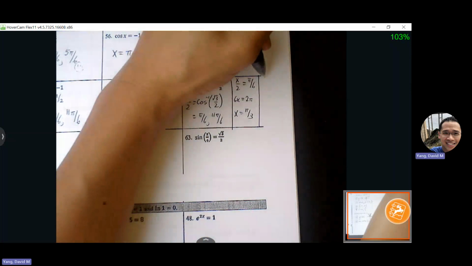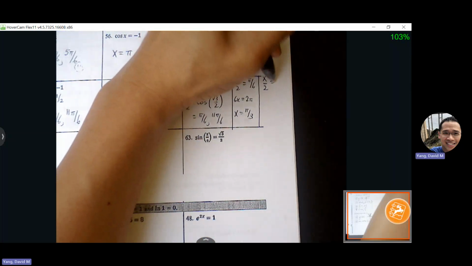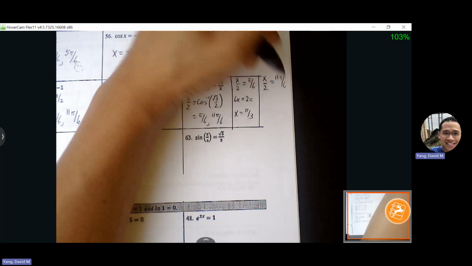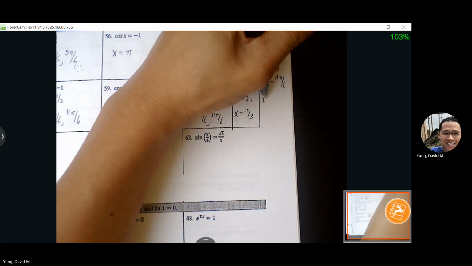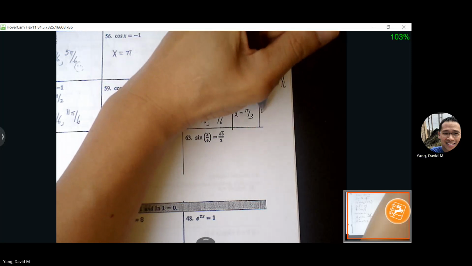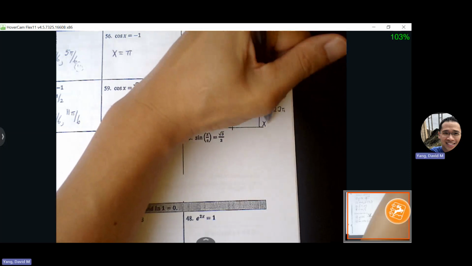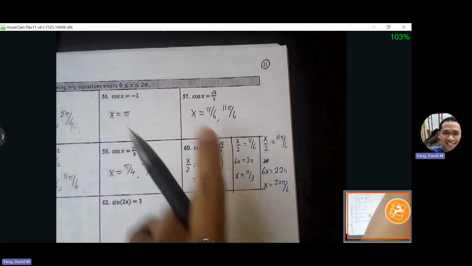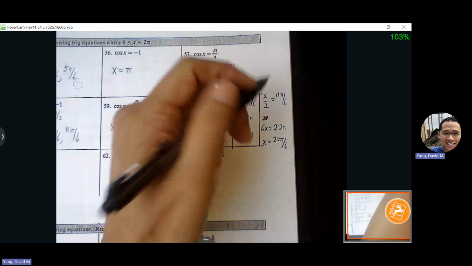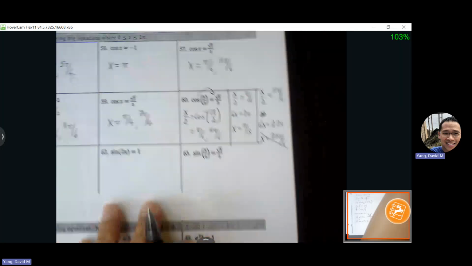But if I tried it with this one, x over 2 equal to 11 pi over 6, I get x equals 22 pi over 6, which is 11 pi over 3. And 11 pi over 3 is outside of my interval, so this doesn't quite fit. We can remove that, just pi over 3.